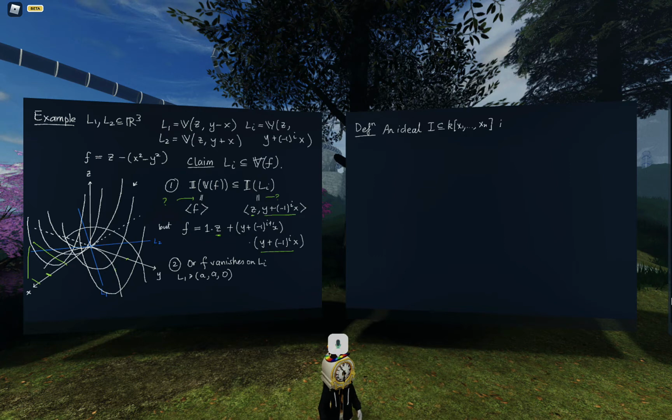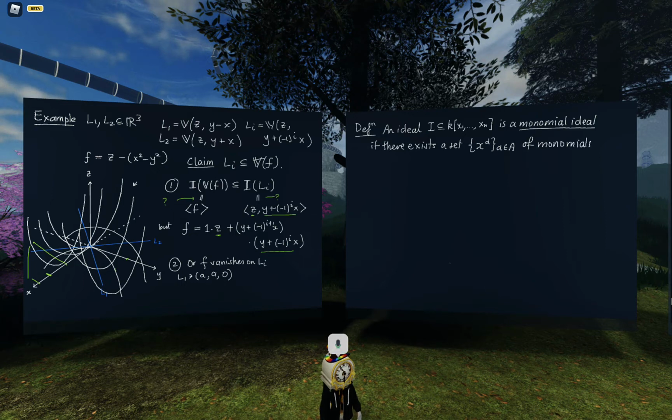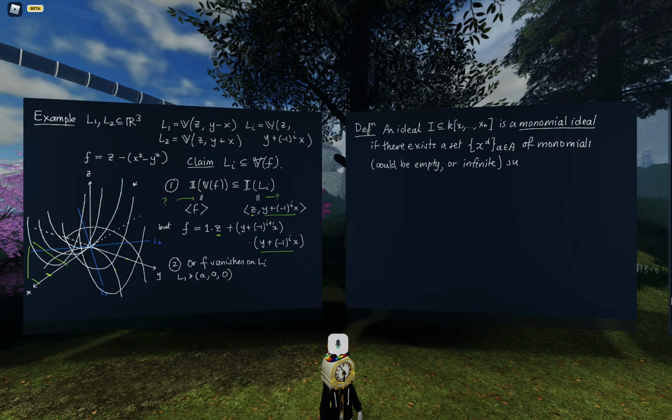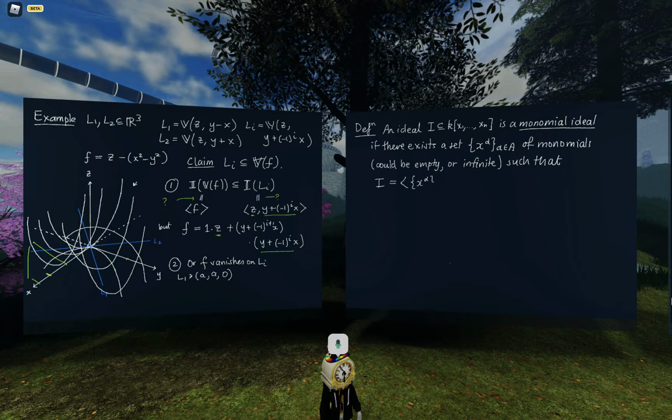All right, an ideal is a monomial ideal if there exists a set of monomials, this could be empty, could be infinite, such that I is the ideal generated by that set.